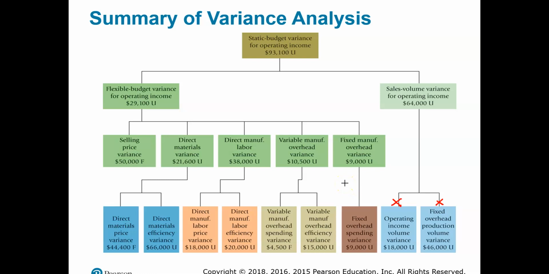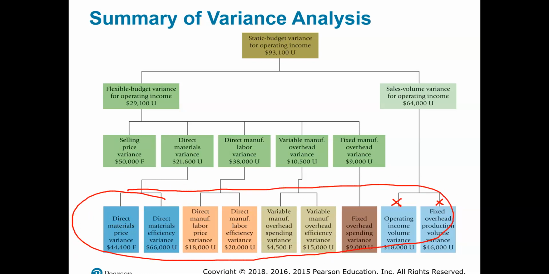Now, why do we care about isolating them? Why do we care about going all the way around here and figuring out all these variances? We need to know why we have a direct materials price variance. What was the reason for this total direct materials variance of $21,600 unfavorable?